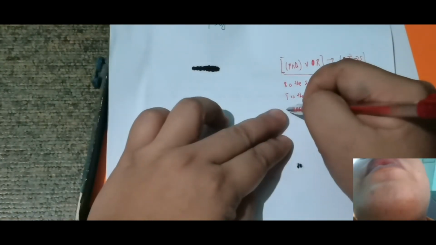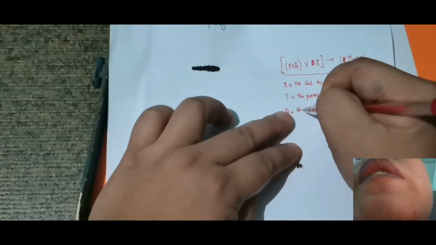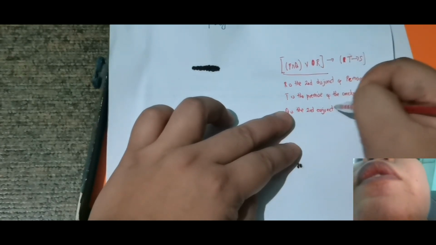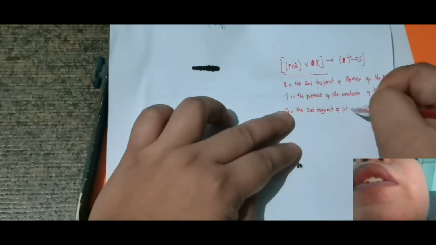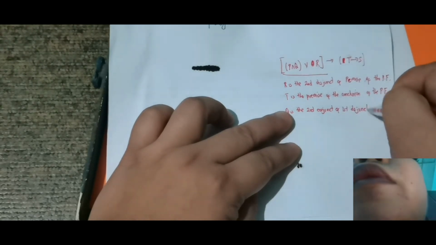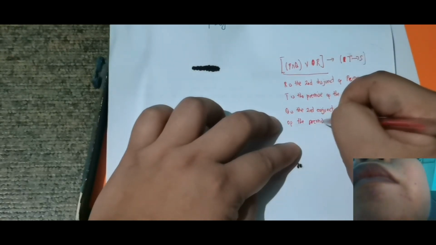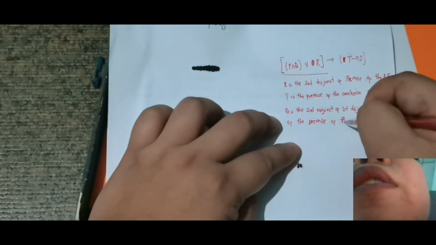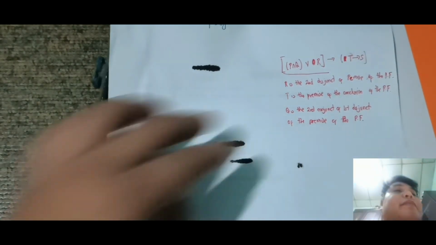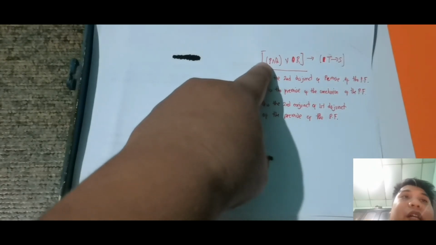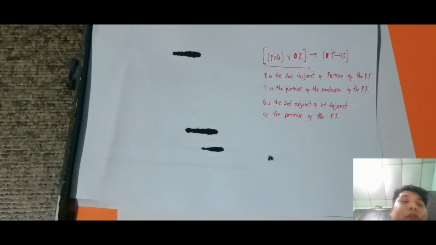So, si Q is the second conjunct of the first disjunct of the premise of the propositional form. Okay, so next is, for example, si P. P is the first conjunct of the first disjunct of the premise of the propositional form.